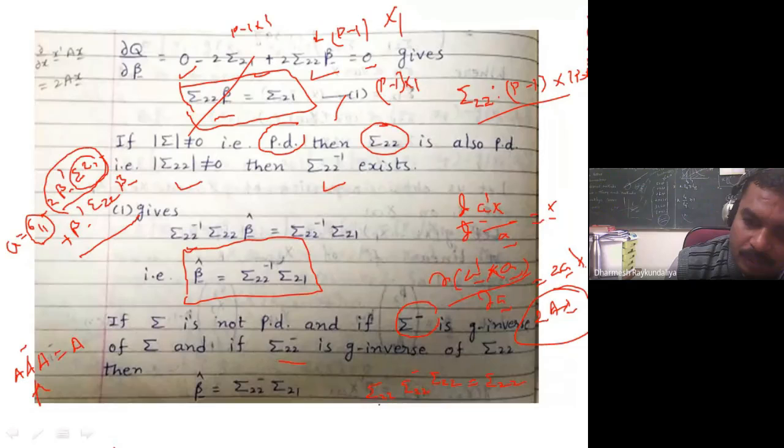Suppose sigma 2 2 has a regular inverse, then if you substitute sigma 2 2 bar by sigma 2 2 inverse, then this becomes the identity. So you will also get the answer sigma 2 2. Here sigma 2 2 bar is nothing but the generalized inverse of the sigma 2 2 matrix. So it is also known as a G inverse, and it satisfies this particular property.